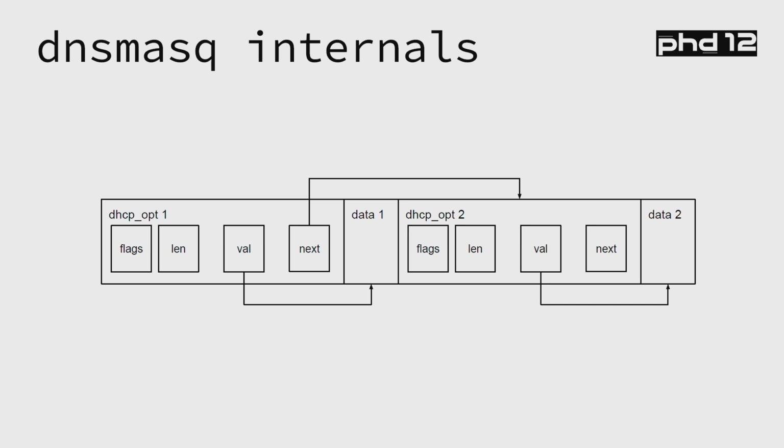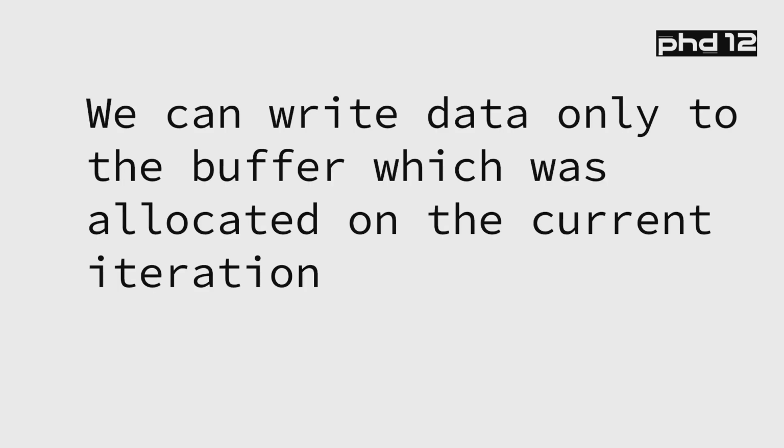And that's an example. So there's DHCP opt1 with the data 1, there is length, there is val, there is a next, which is DHCP opt2. How can this be exploited? If we do overflow of the data 1, then we will be able to override the DHCP opt2 with whatever. And this way we can do arbitrary memory read.